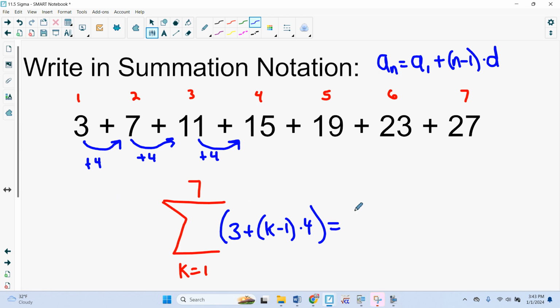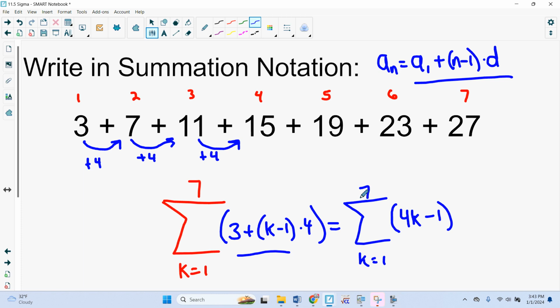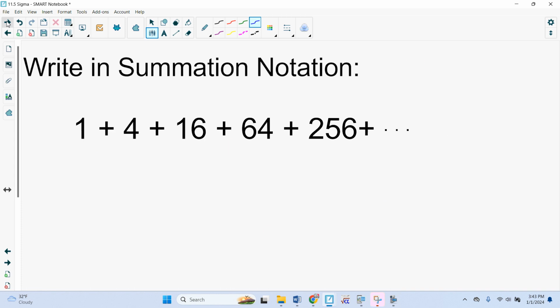Now, you could simplify this if you wanted to. If you multiplied this out, we would get 4k minus 1, and that would also work as a formula. So you could go with just the straight formula that we had for arithmetic sequences, or you could try to figure that one out.